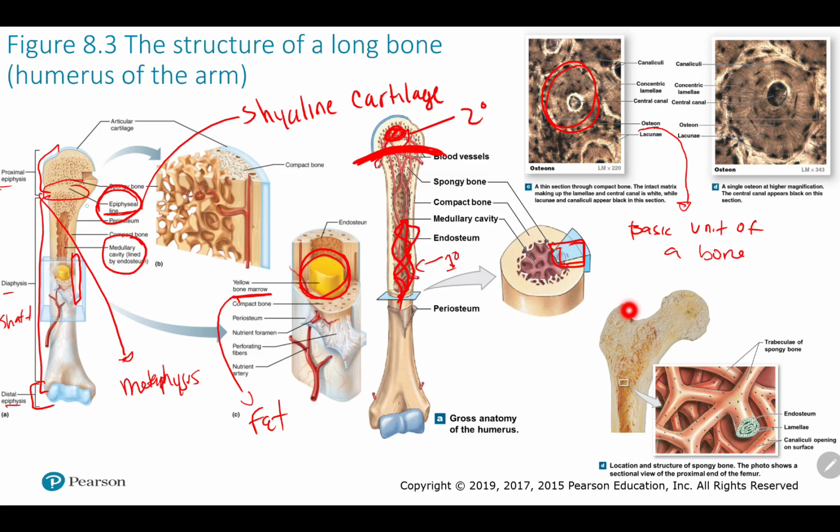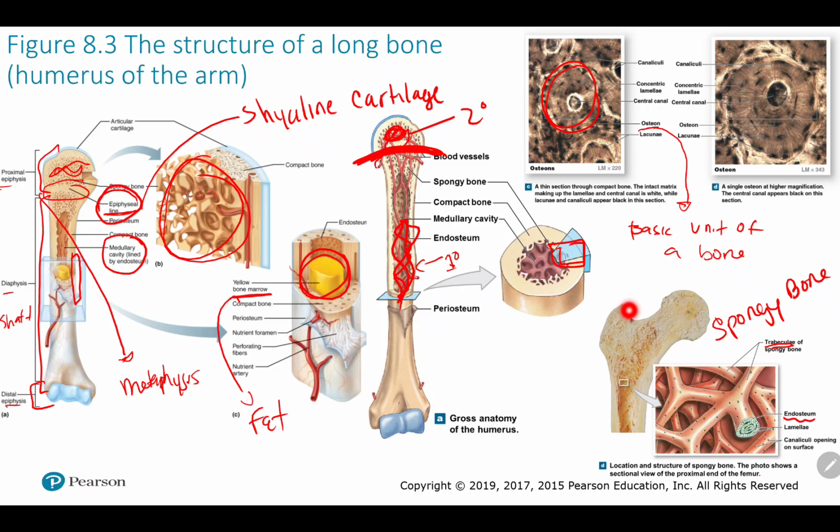We know that in the center, right? You see that porous nature right here, like in the epiphysis? That's going to be, that we see down here, spongy bone. Spongy bone is made up of trabeculae. Okay, so you remember that trabeculae. And so that trabeculae is going to have a membrane around it.